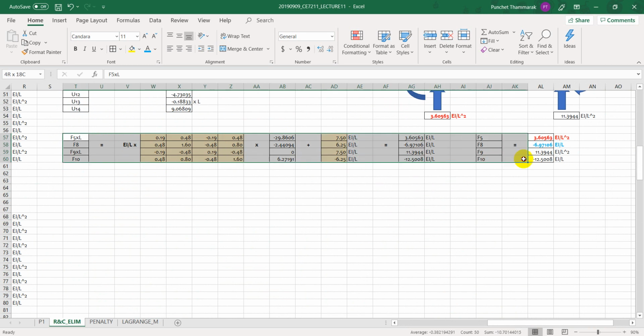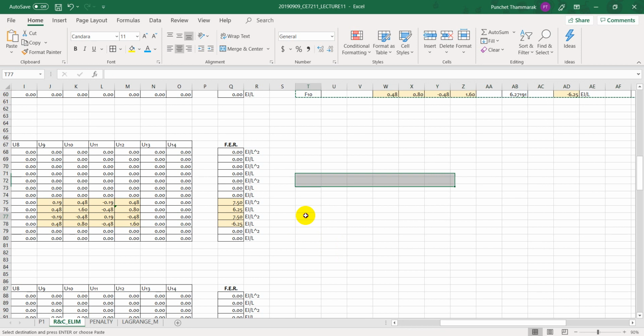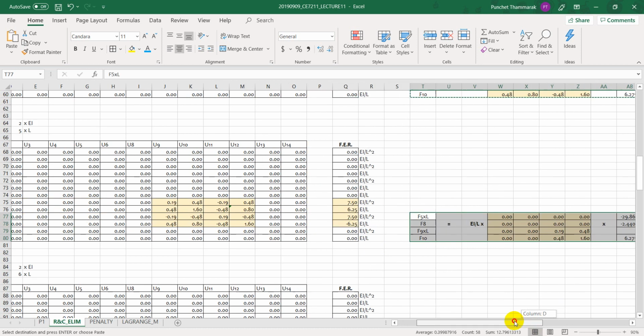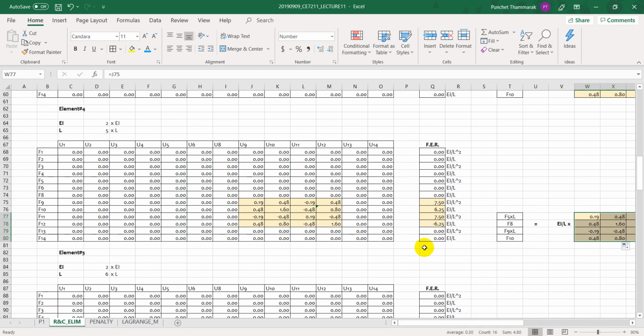So we have this one here. This is equal to this, and then copy and copy down. 9, 10, 11, 12. 9, 11.